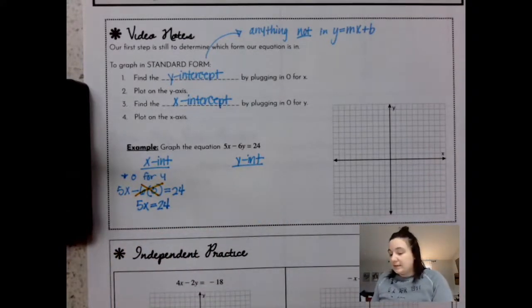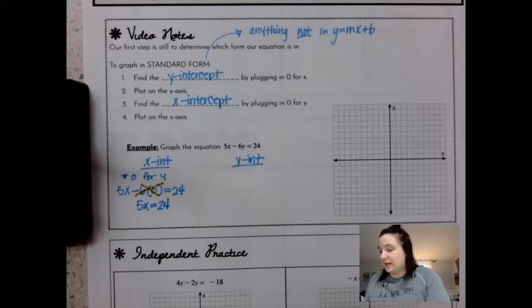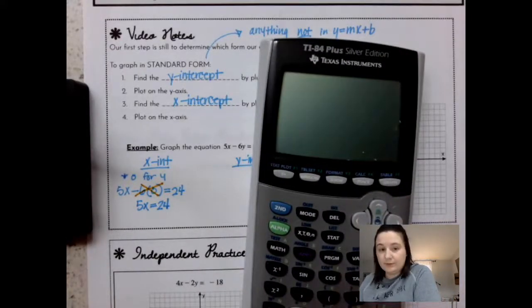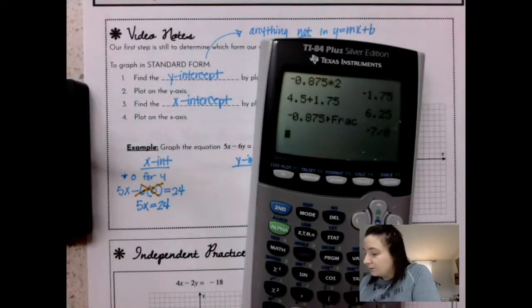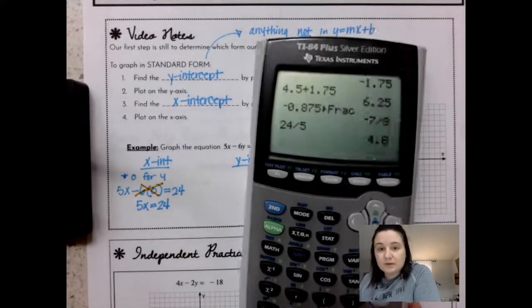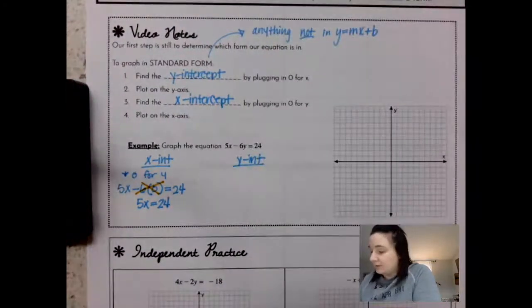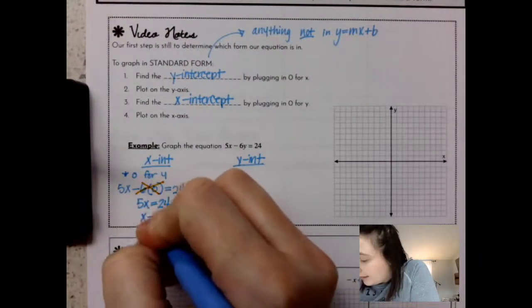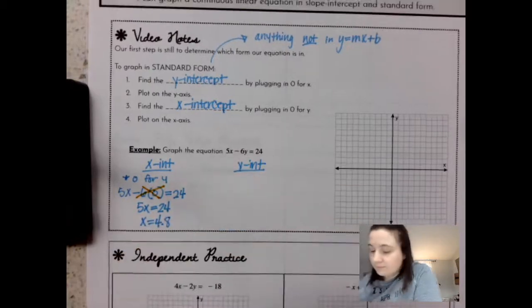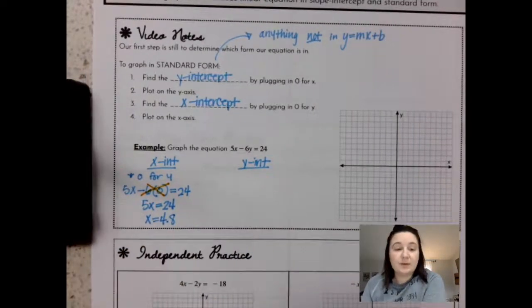And then my next step is going to be to divide. So I'm going to get out my calculator. We're going to do 24 divided by 5 to get 4.8. So x equals 4.8. So this is our x-intercept.